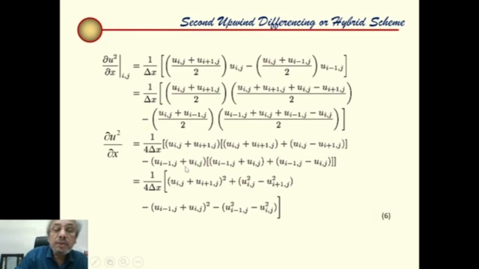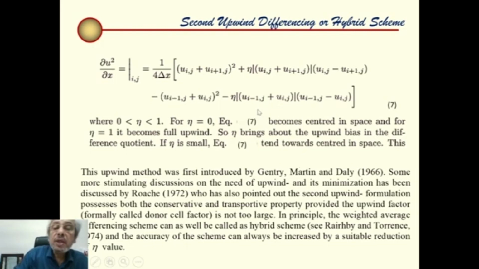This term was formed by multiplying ui minus 1j plus uij with this term. So we separate out this term under modulus sign and write this term separately. So ui minus 1j plus uij under modulus sign, ui minus 1j minus uij. And not only we introduce this modulus sign, we also introduce a factor eta.